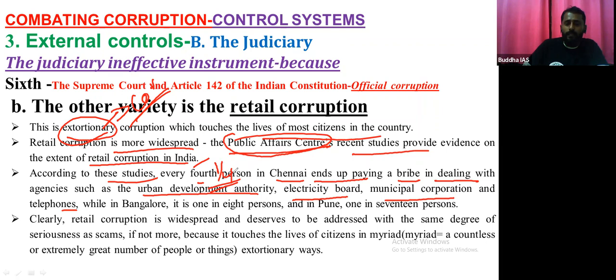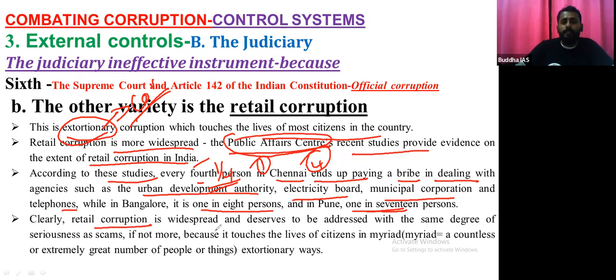Right? So if four people go to these officers, at least one will pay the bribe. While in Bangalore, it is 1 in 8, and in Pune, 1 in 17. So Maharashtra and Karnataka are better than Tamil Nadu.